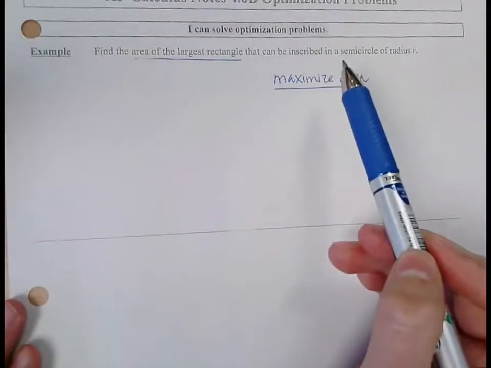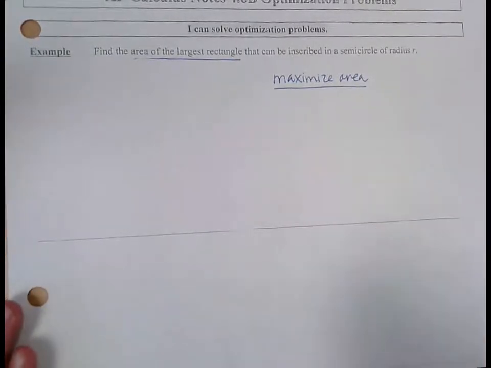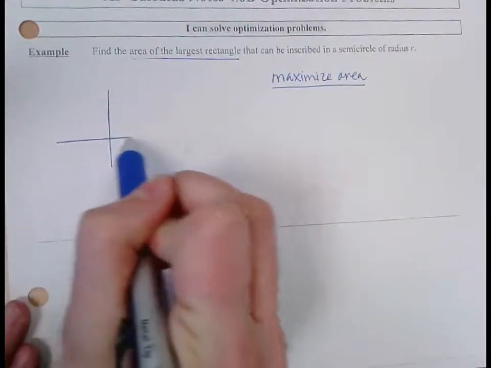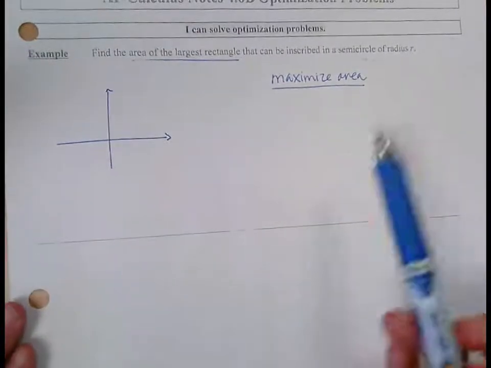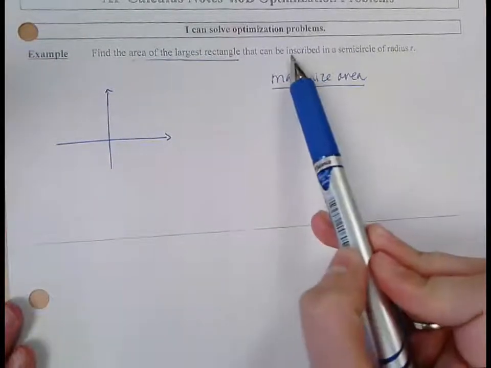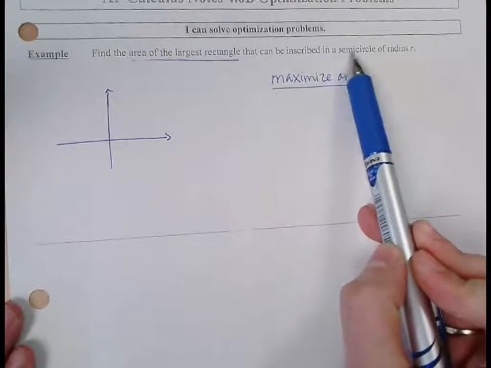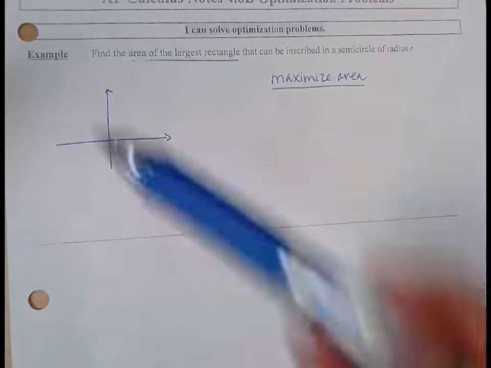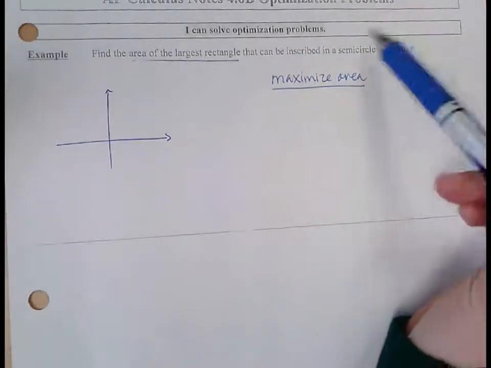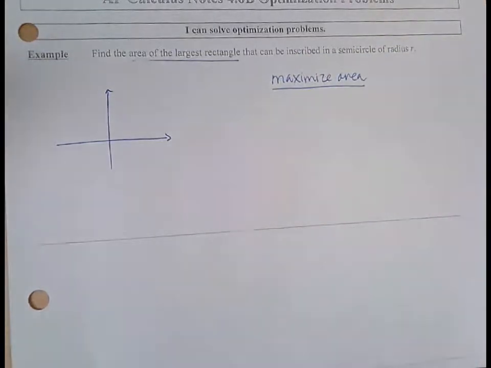But I'm going to draw this on a coordinate plane. And how I can set this up, I can set up a semicircle of radius r. I'm going to set it up with a center at the origin. I know it doesn't say that, but wherever I set it up, I'm going to be coming up with the equation for this.